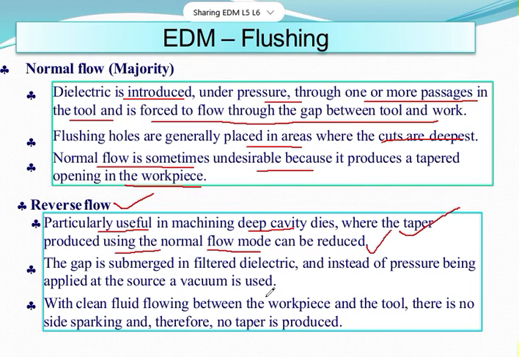The gap is submerged in filtered dielectric, and instead of pressure being applied at the source, a vacuum is basically used. With clean fluid flowing between the workpiece and the tool, there is no side sparking and therefore no taper is produced.